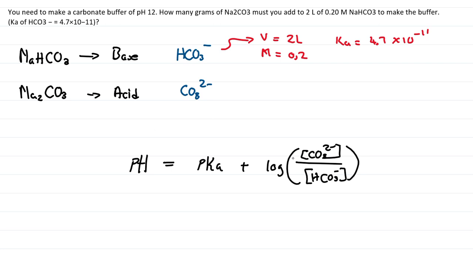Now we want the ratio that gives us the pH of 12. So we can just take that 12 and plug it into our equation. So we have 12 is equal to pKa plus the log of that ratio, CO3 2 minus divided by the concentration of the acid.